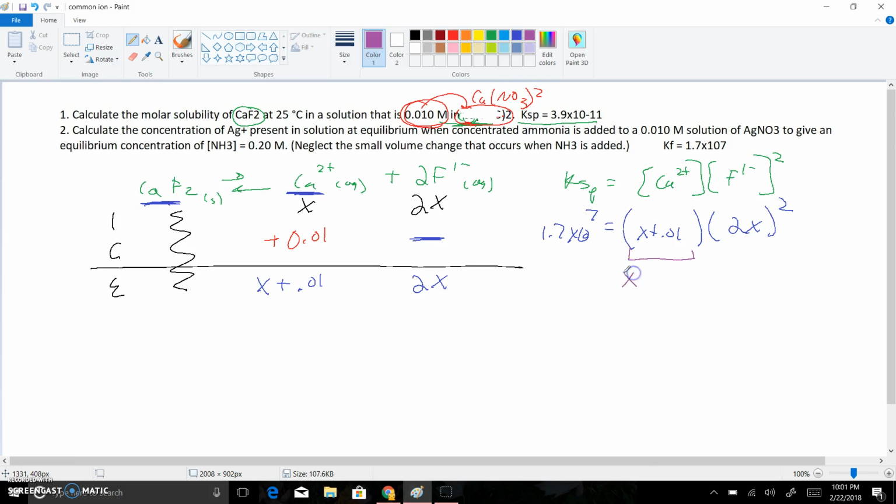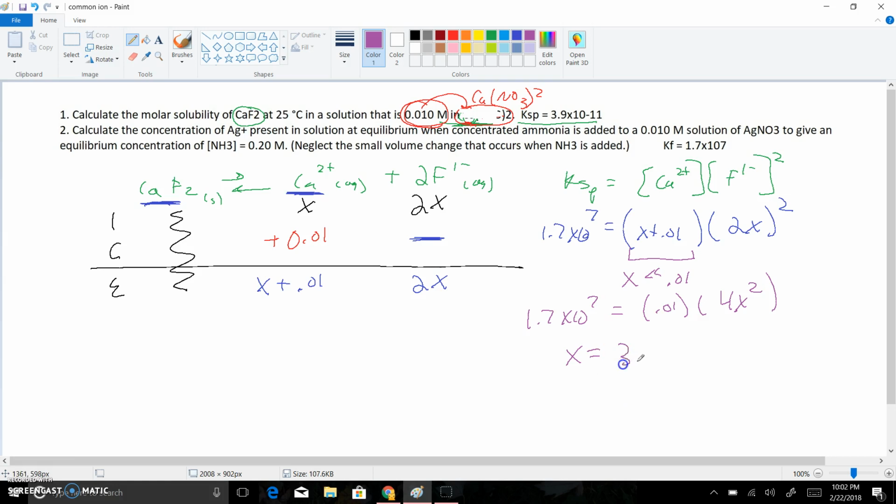So I'm going to assume that 0.01 is much greater than x. If I do that, this simplifies down to 3.9 times 10 to the negative 11 equals 0.01 times 4x squared. This looks a lot nicer. So now I just have to do some math magic to solve for x. I'll assume you can do that. Divide by 0.01, divide by 4, square root of both sides.